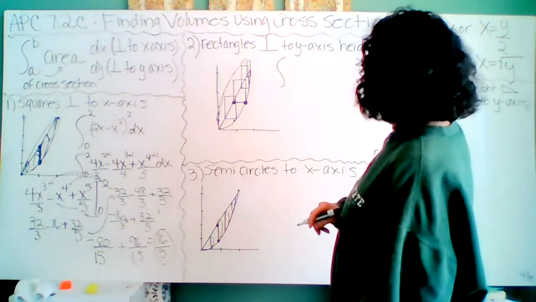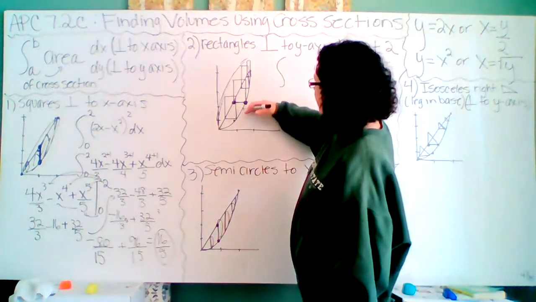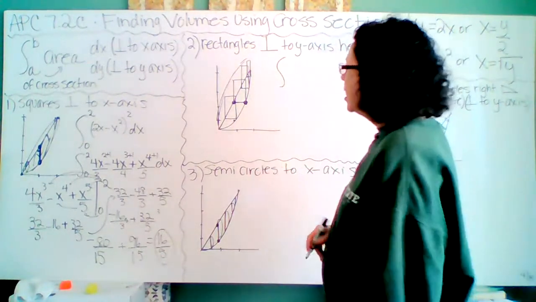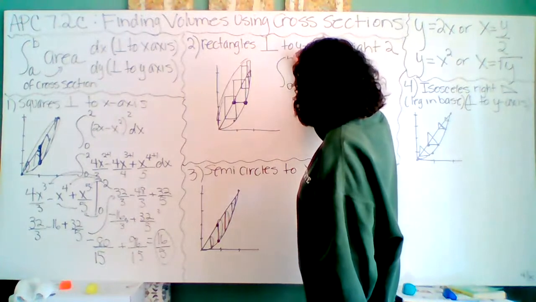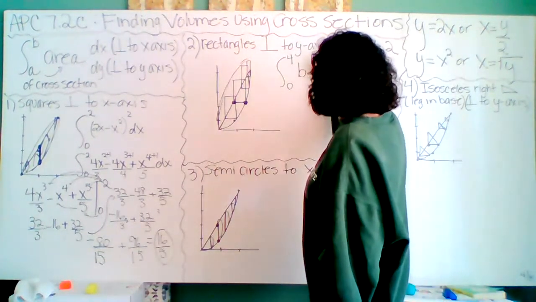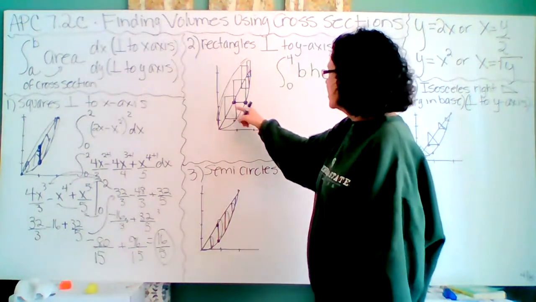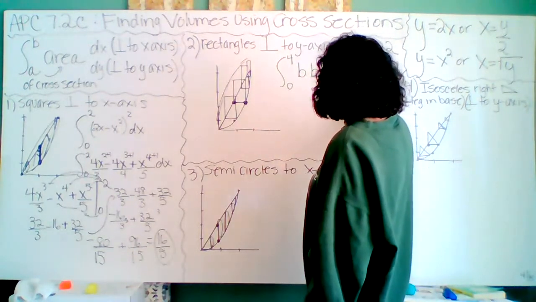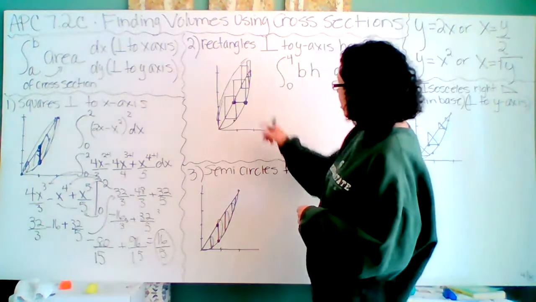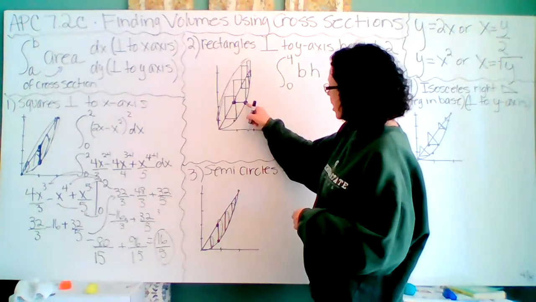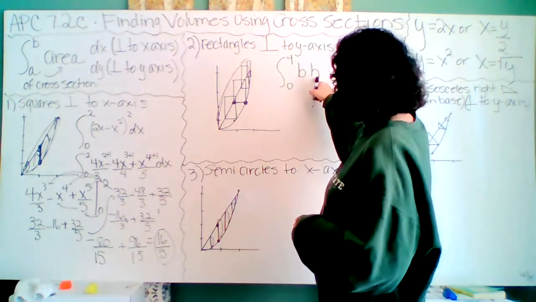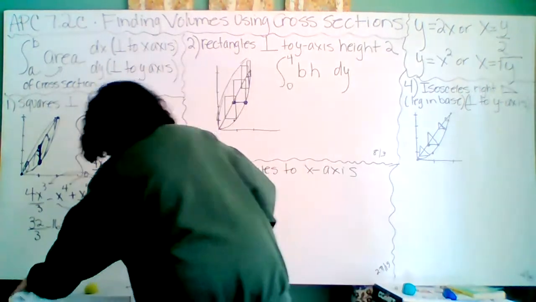We are perpendicular to the y-axis, plus I can see I'm collecting rectangles across the y-axis. That is from 0 to 4. My rectangle is base times height, and I see that this is in terms of y. Okay, my base for my rectangle is going to be right minus left, and it has to be in terms of y, and my height is going to be 2 all the time.